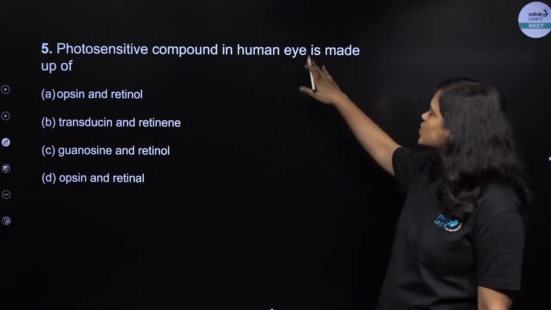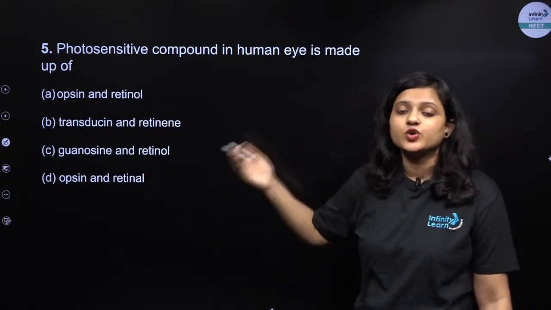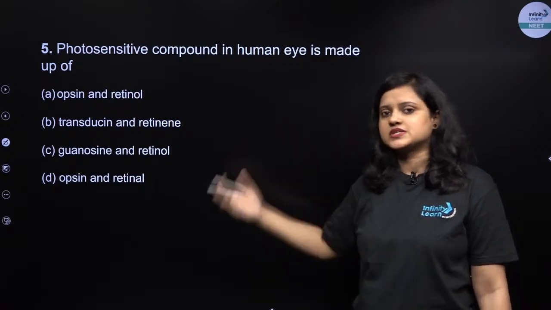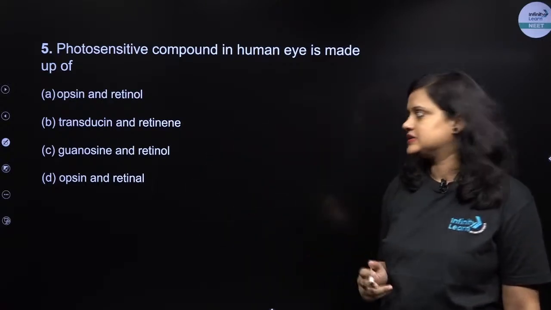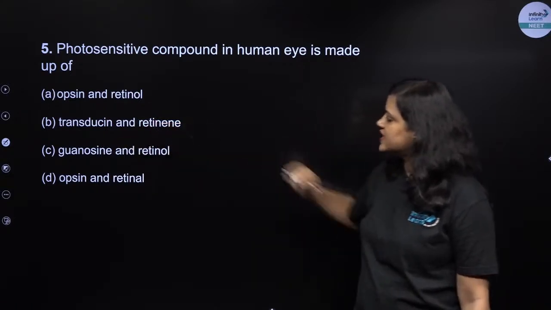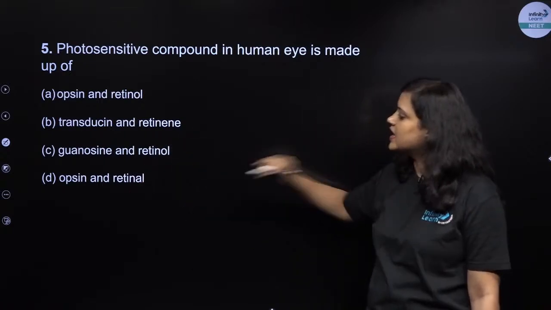Photosensitive compound in the human eye is made up of? Still we are discussing the question of human eye. So you can imagine, so many questions are asked from this topic in NEET. Opsin and retinol, transducin and retinin, guanosine and retinol, opsin and retinol.